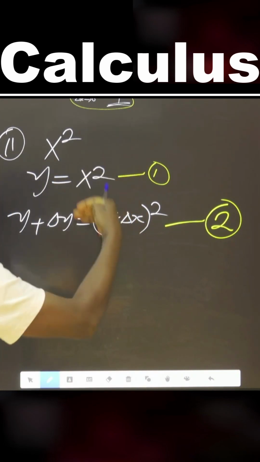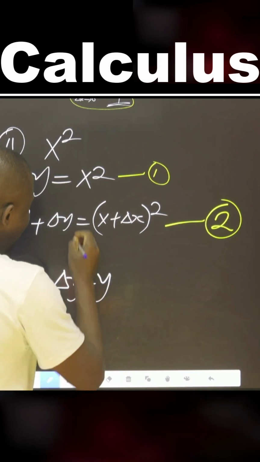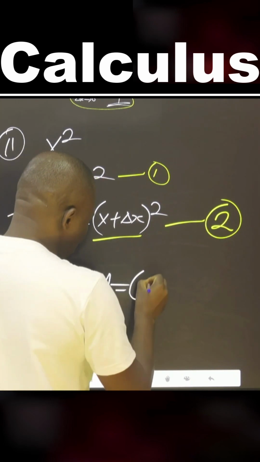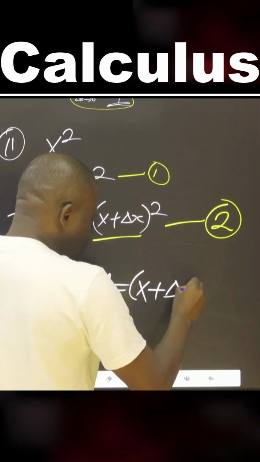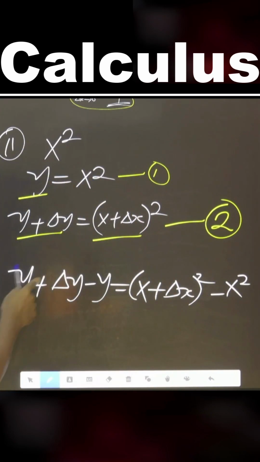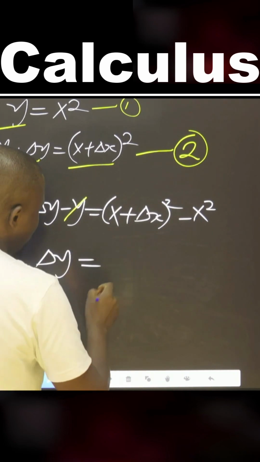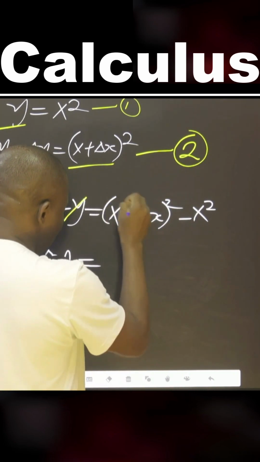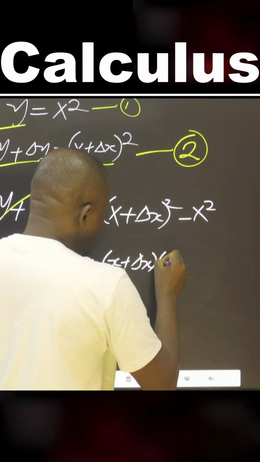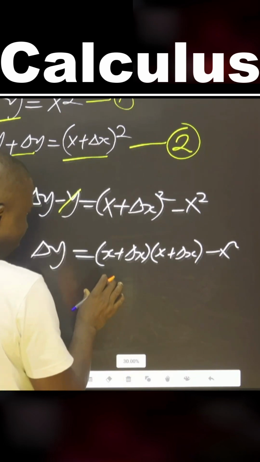We remove 1 from 2. That is, for the left hand side, we remove y, that is this minus this. Therefore, this side, this minus this, that is, whatever I said before, minus x squared. So this and this will go. It means we have delta y equal to this, that is, we expand this: x plus delta x times x plus delta x, minus x squared.